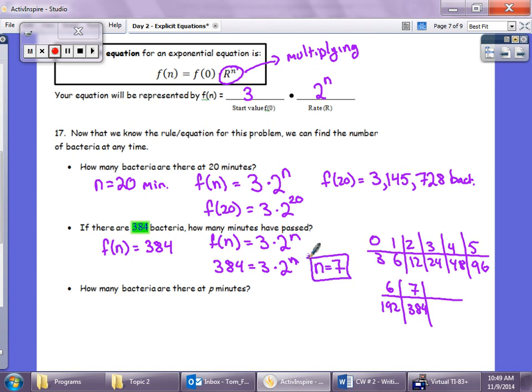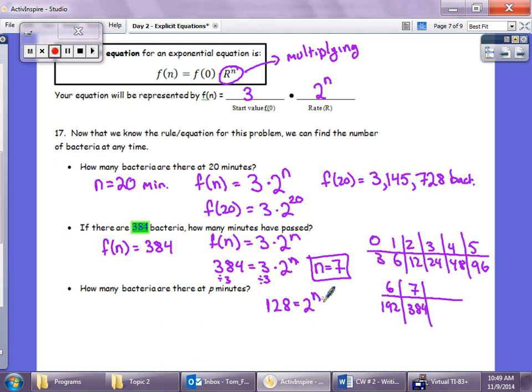The other way we could have done this, instead of a table, is to get 2 to the power of n all by itself. If we divide by 3, because we're multiplying here, we're going to have 128 equals 2 to the power of n.